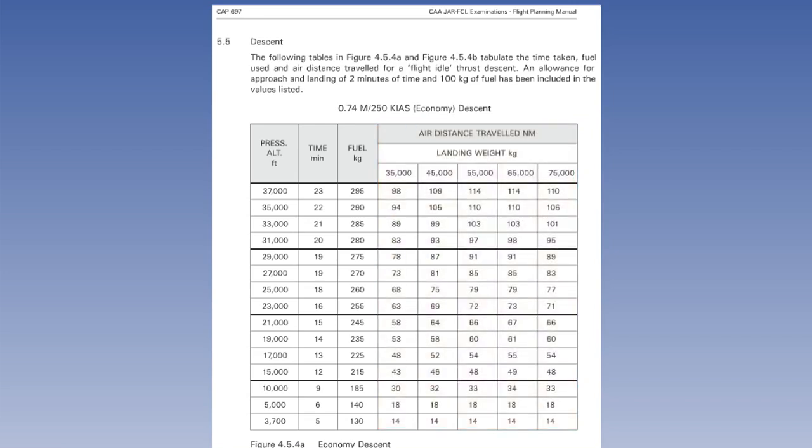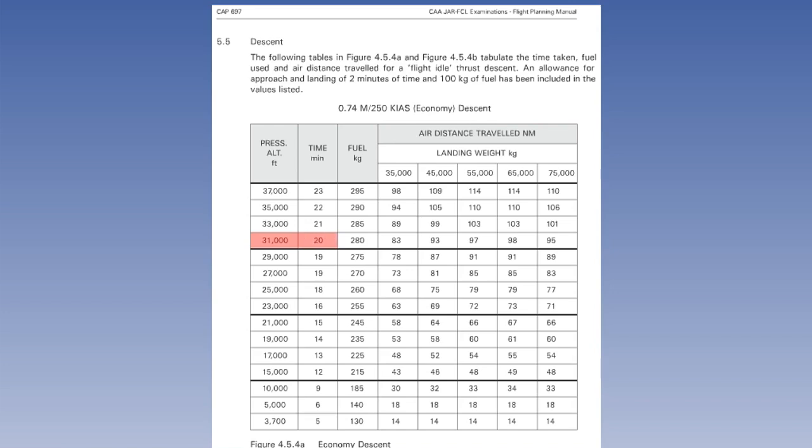We will do an example using figure 454A. Assume a standard descent from 31,000 feet and an estimated landing weight of 55,000 kilograms. Enter the table at 31,000 pressure altitude.